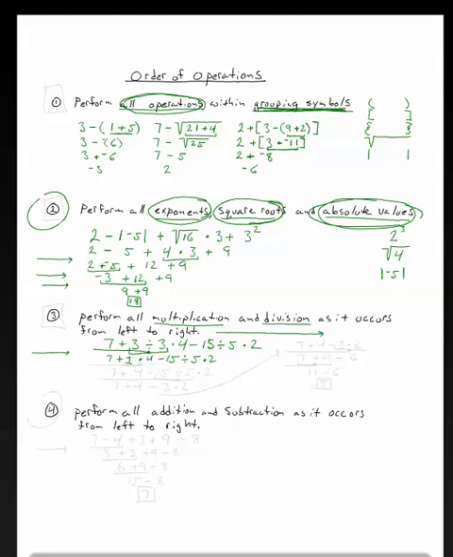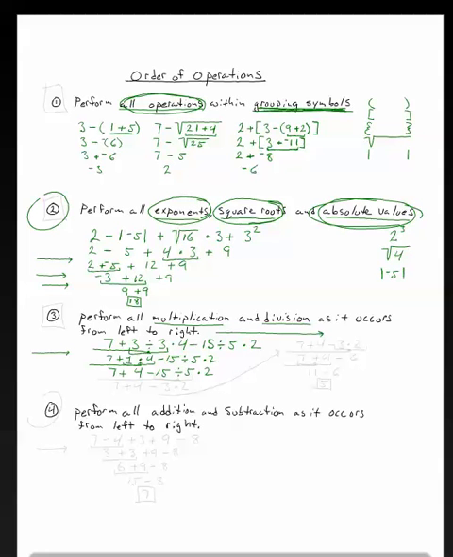Once again, I'm going to scroll from the left to the right looking for a multiplication or division, and I find one here. So that means that I have to do 1 times 4, which is 4. So I have 7 plus 1 times 4 is 4 minus 15 divided by 5 times 2.